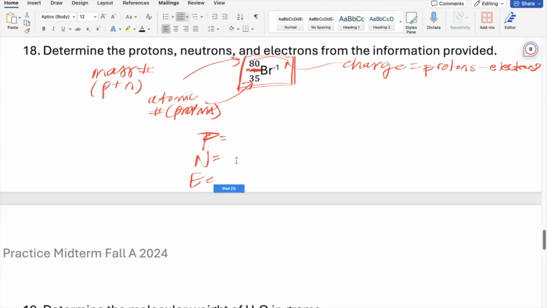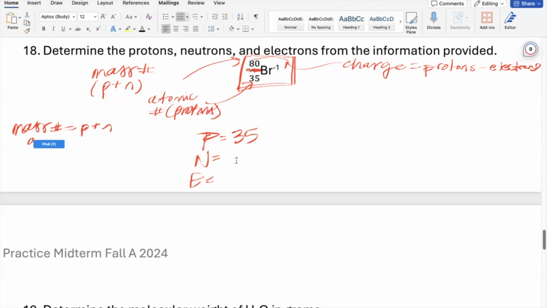So the bottom left number is always going to be directly the number of protons. No math needed there. We're going to have to do a little bit of math to find the neutrons. So I know that the mass number is equal to P plus N, neutrons.